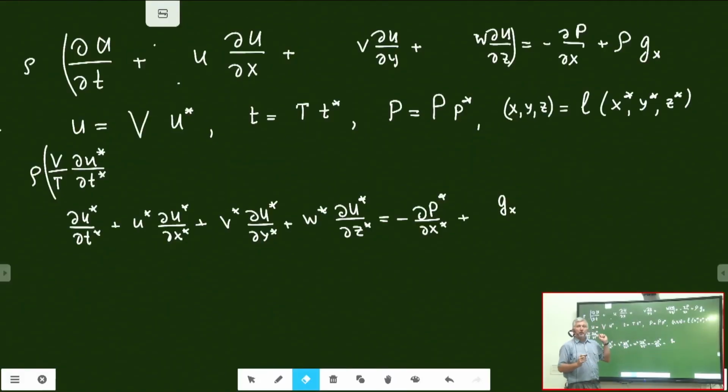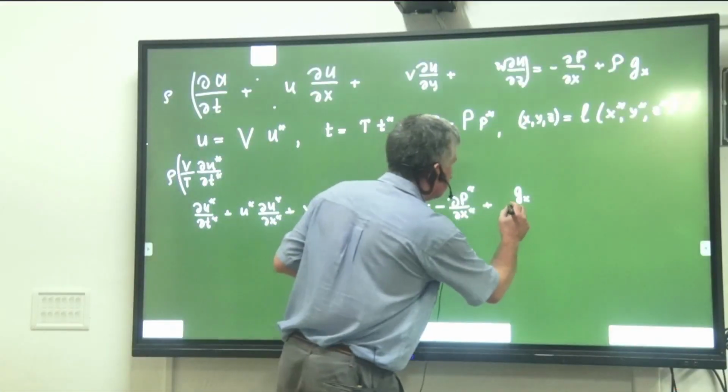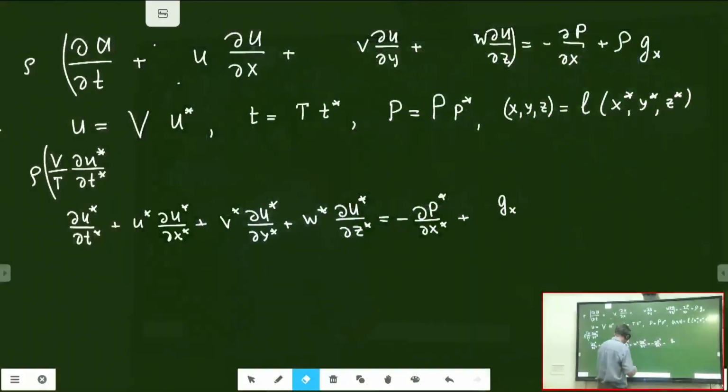So G sub x, that's this term. We have rho on the left-hand side, we have rho on the right-hand side, it will cancel out. But then we will need to divide by this coefficient, v squared multiplied by t.